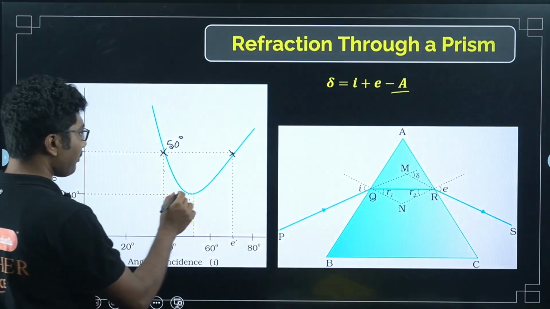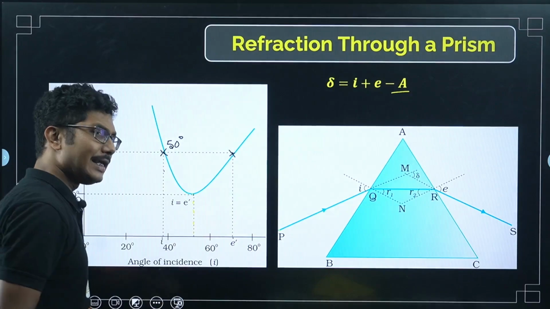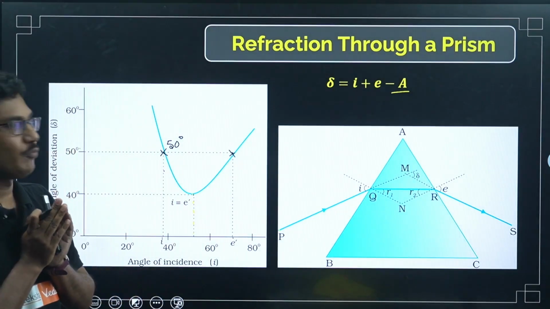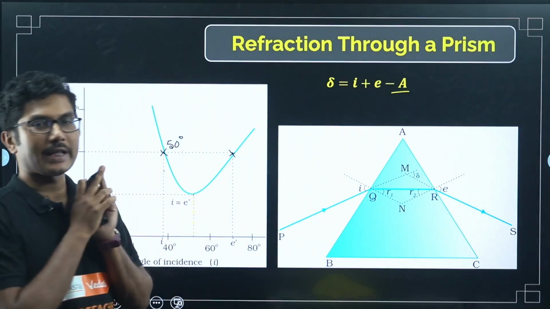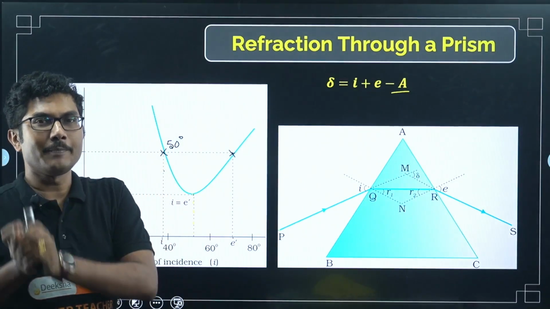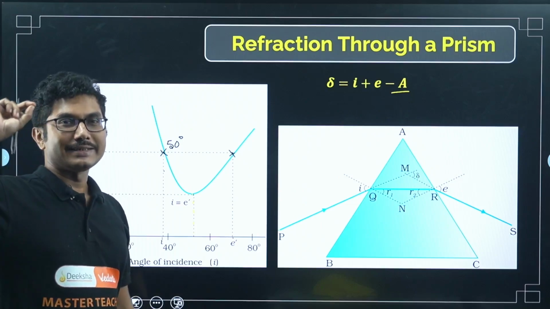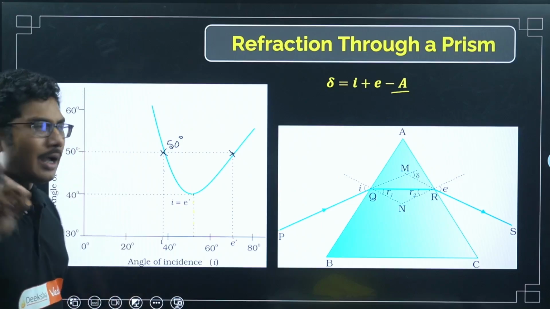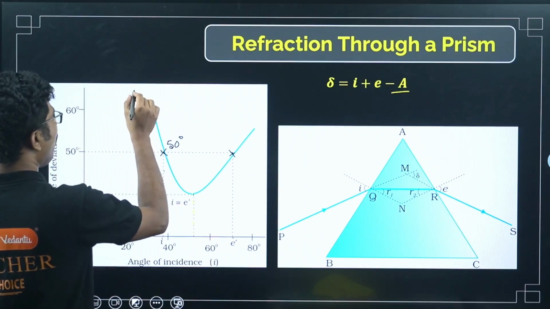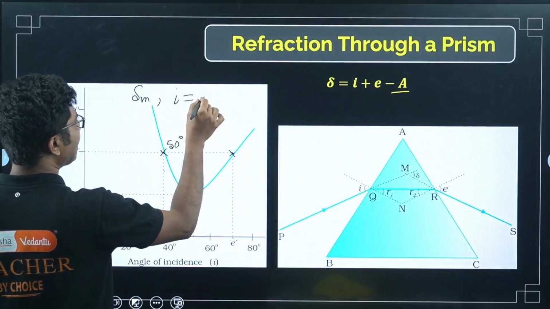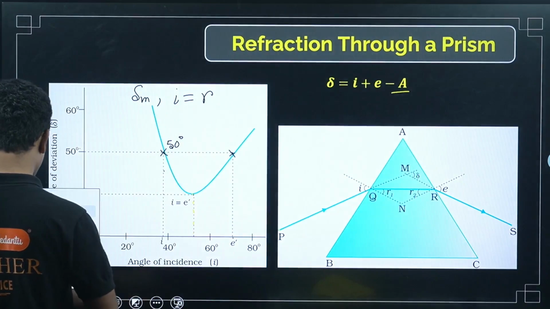But for this point, incident and emergent angles are coinciding with each other. So for only one value of incident angle, you will get delta m, and for that value of delta m, you are getting the same incident angle and same emergent angle. So for delta m, incident angle will be equal to emergent angle.